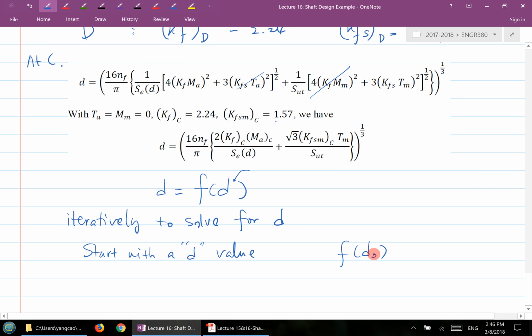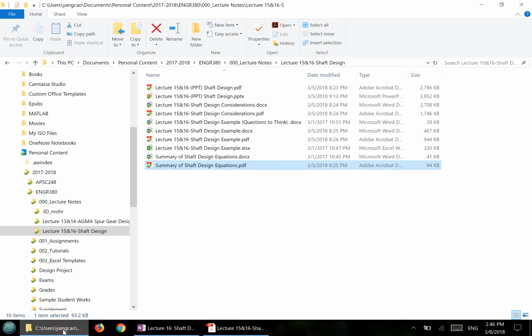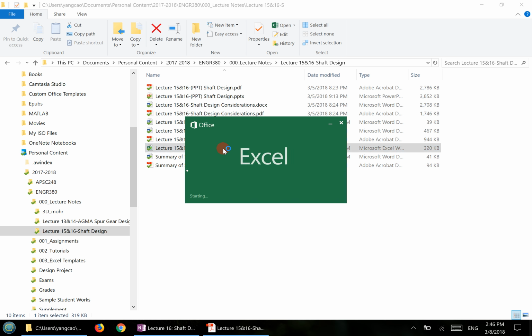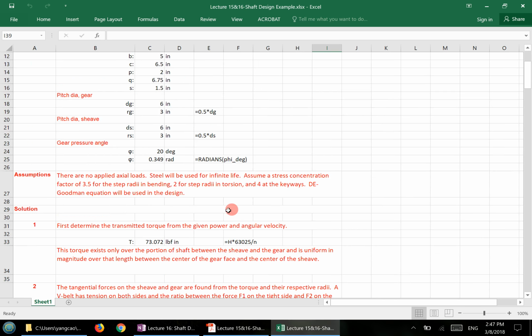Then you calculate this, find a value after this starting value D, and then substitute back into this function again to get another D. That's what we call the iterations. I'll show you the Excel here, so you don't really need to calculate this by hand. You can use this Excel to help you with the calculation.